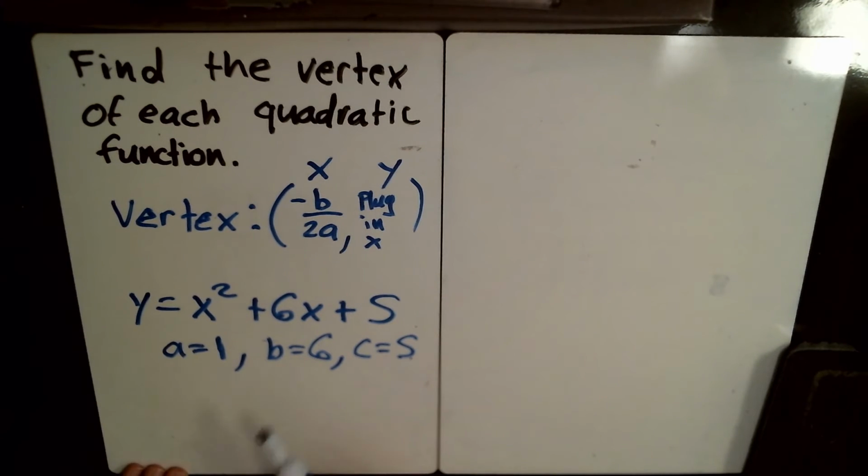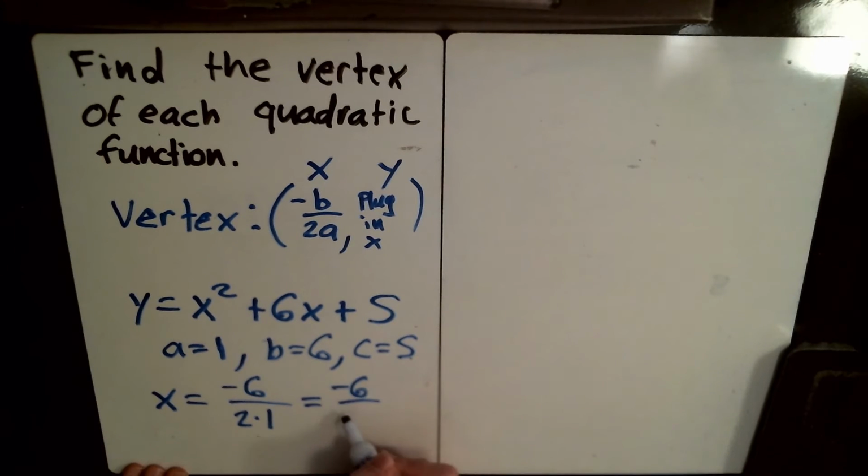I don't even need c. My x value of the vertex is going to be negative b divided by 2a. So we get negative 6 over 2, which is negative 3. So the x value of our vertex is negative 3.